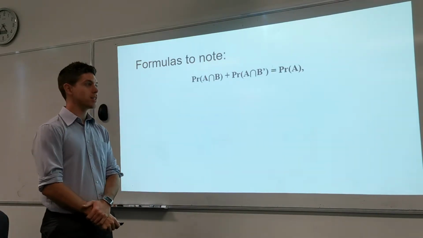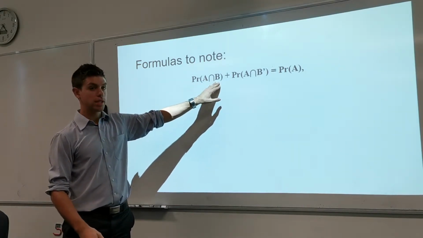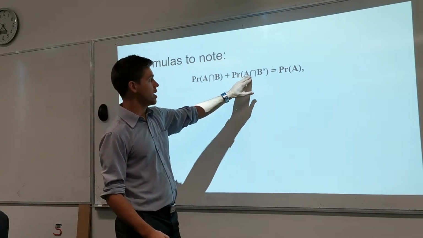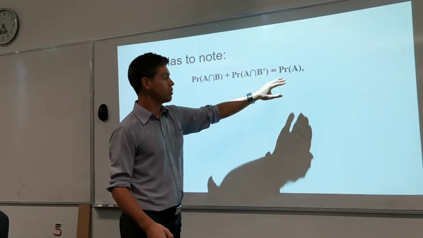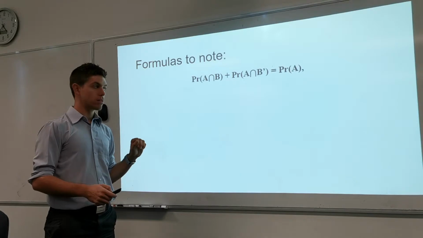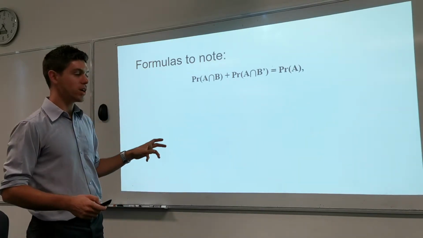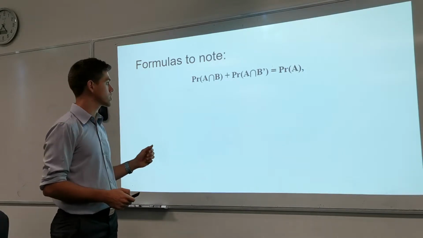We have a few formulas here to note. The first one, probability of A intersection B plus probability of A intersection not B is equal to the total probability of A. Jot that down in your notebook. And what we're going to do is provide you with a visual representation of what that looks like.